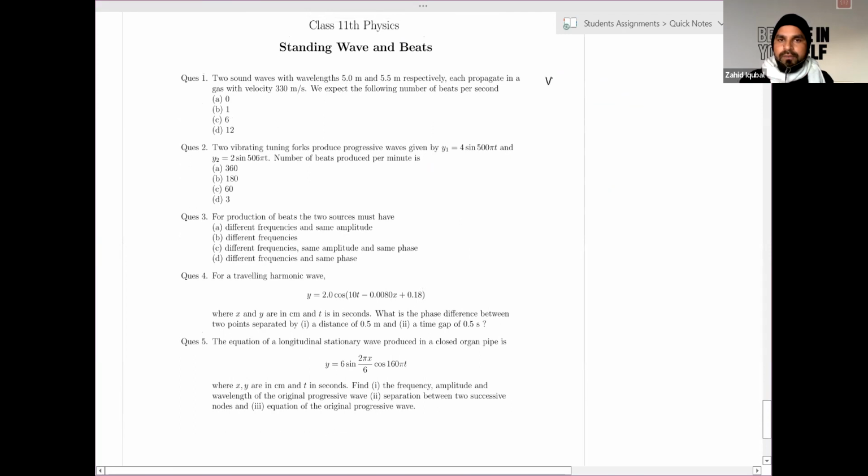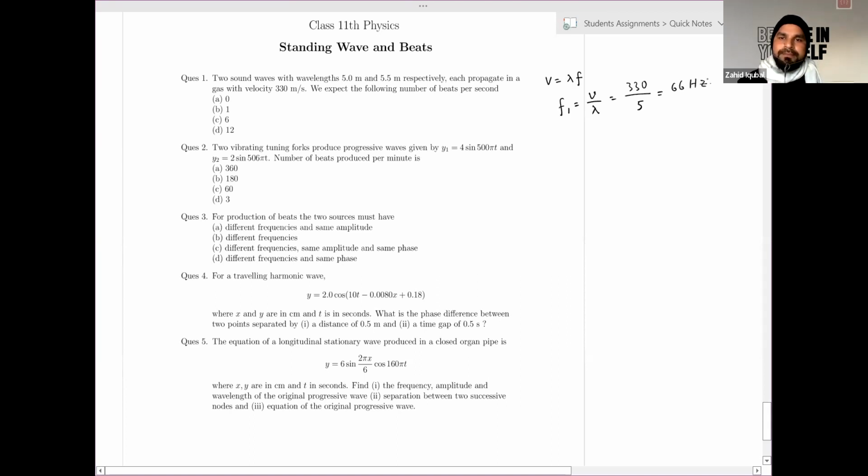According to the formula, velocity is equal to lambda into frequency, so frequency is equal to velocity by lambda. Velocity we have 330, divided by 5 in the first part, so you get 66 hertz.